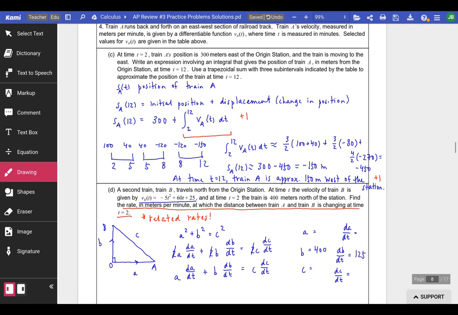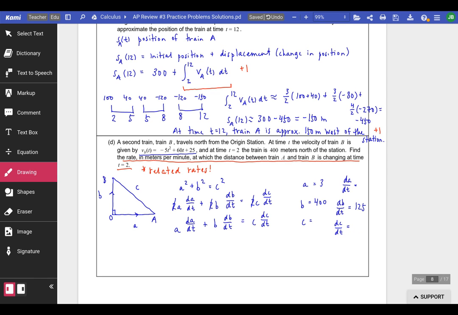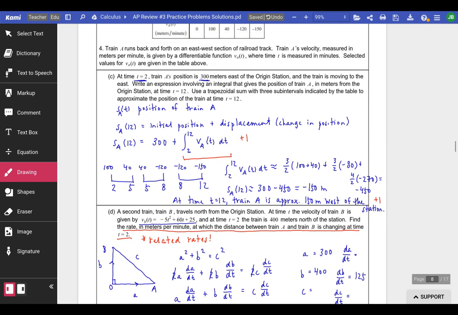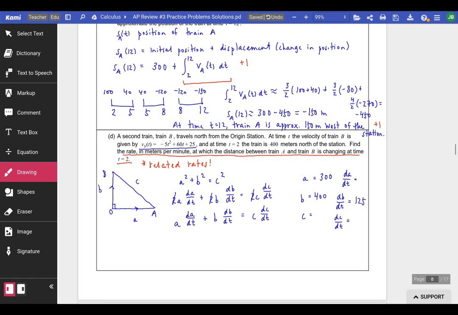Now I have to go back and look at what's going on with train A. They told us here that at time 2, which is the time we're looking at, train A's position was 300 meters east of the station. So this is 300. And then I need to know how fast that train was moving. Well, I can look back at the table at time 2. It's telling me the velocity of train A was 100. So I can put that here.